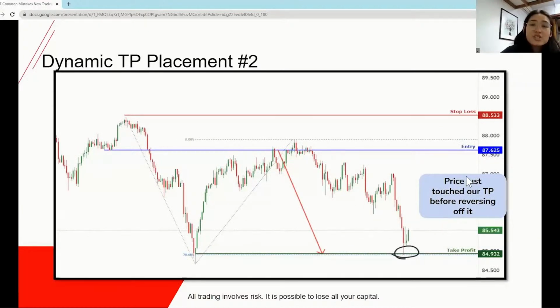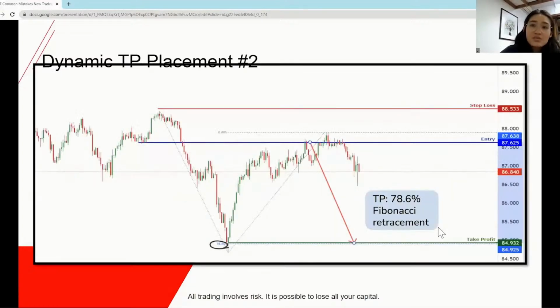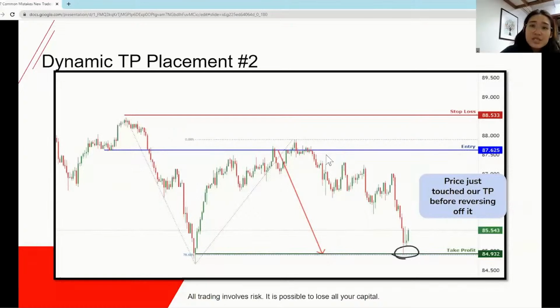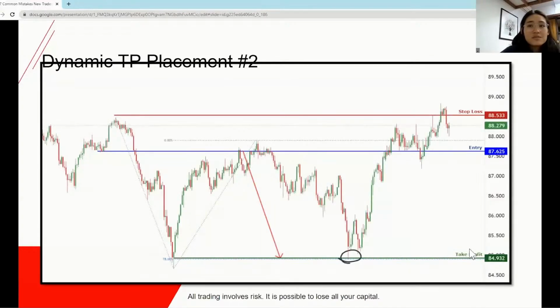Okay, so price just touched our take profit before reversing off of it. So this is the before and this is the after. And you can see price really just, with the tail of the candlestick, touch our take profit and hit it back up towards our stop loss.